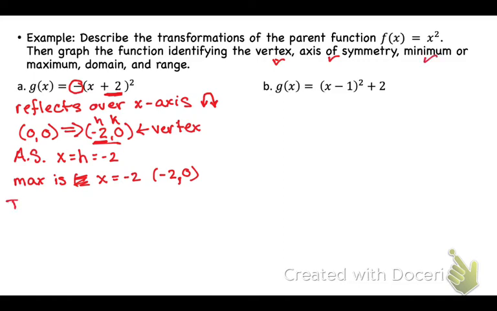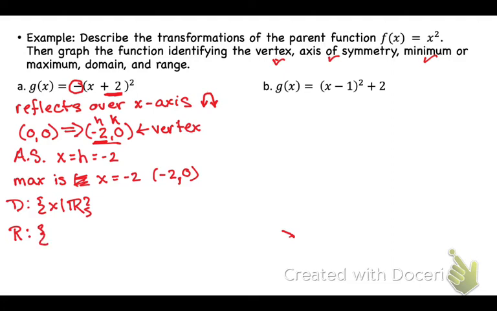Domain. Well, the domain on any parabola, unless it's an application problem, is all real numbers. So x such that x is the set of all real numbers. And range. So the parent function is greater than or equal to 0, correct? But what's our max y value now?